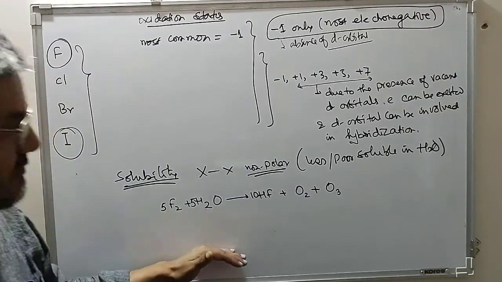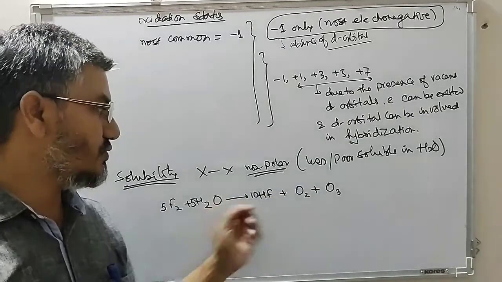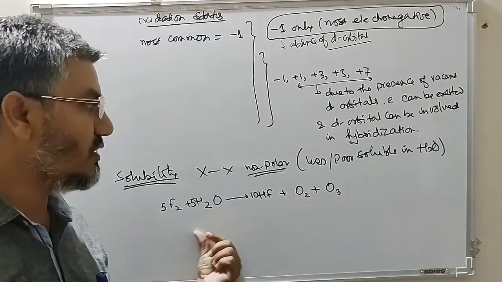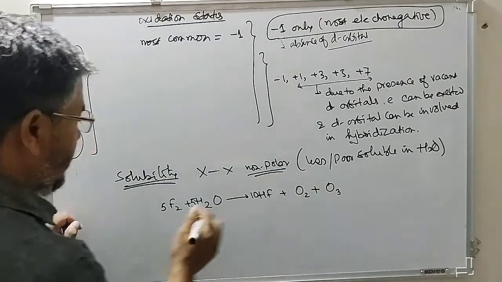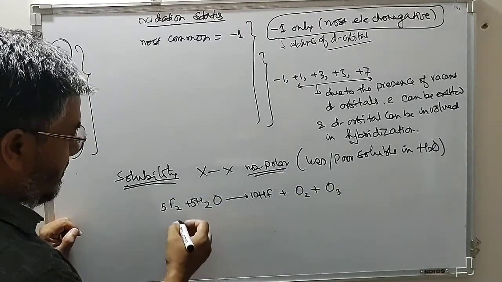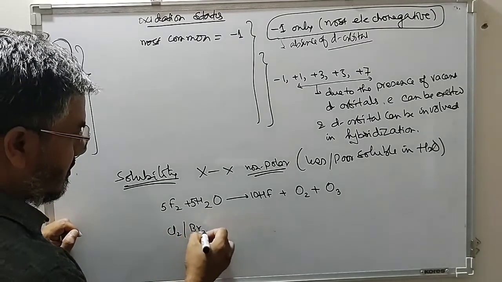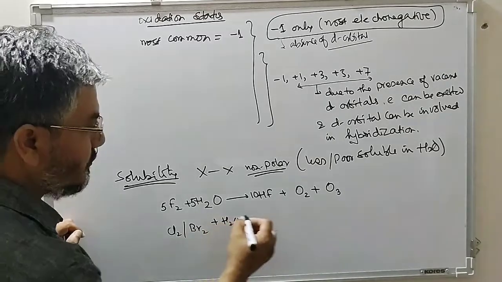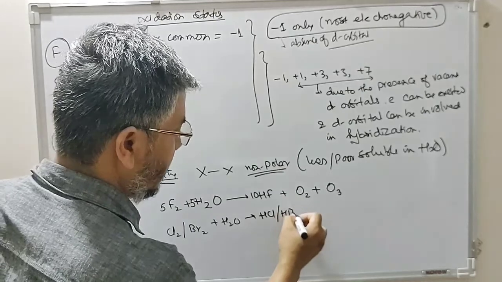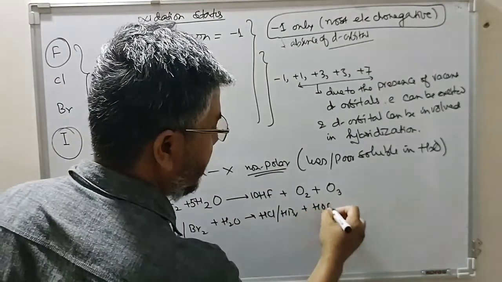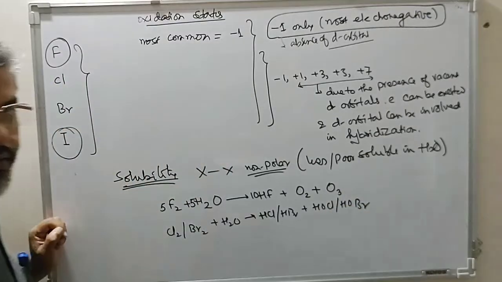When fluorine reacts with water, this gives you ozone as well as oxygen. If a small quantity of water is used, this gives you oxygen. If a larger quantity of water is used, this gives you ozone. Chlorine and bromine react with water to give HCl or HBr plus HOCl or HOBr.